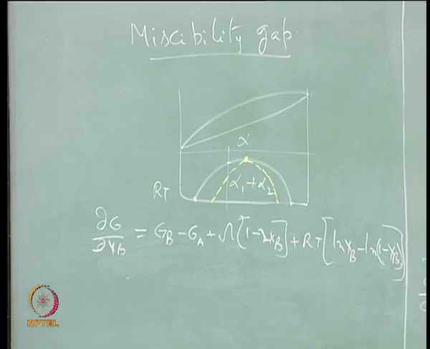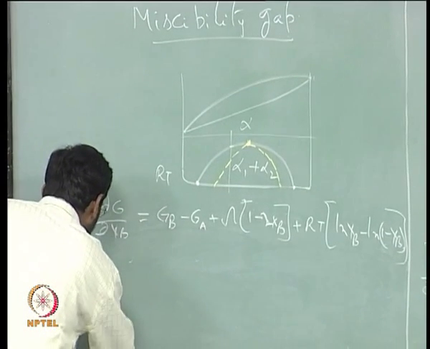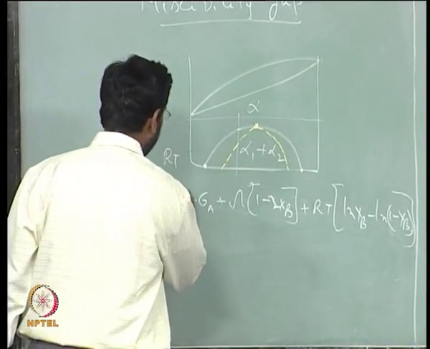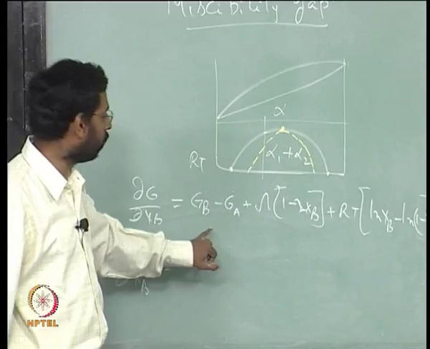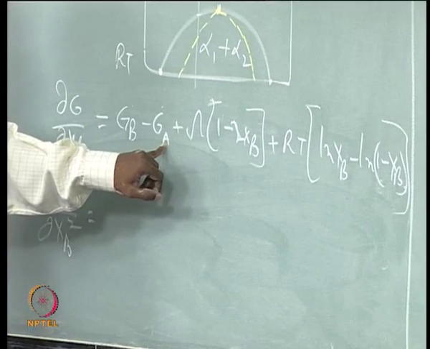Once I know this is the first derivative, I can easily do the second derivative, dou square g by dou xb square. If you do that, these terms vanish because it is the derivative of a constant, which is 0.